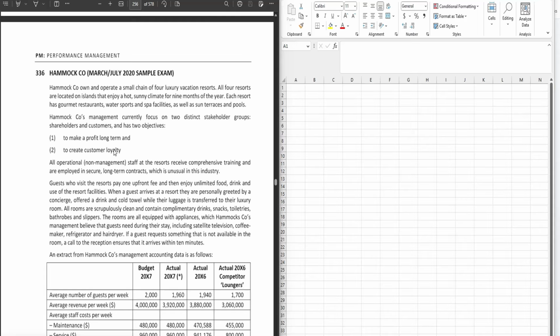The first covers the financial perspective, and the second covers the customer perspective, but the other 2 perspectives have not been covered in these objectives.